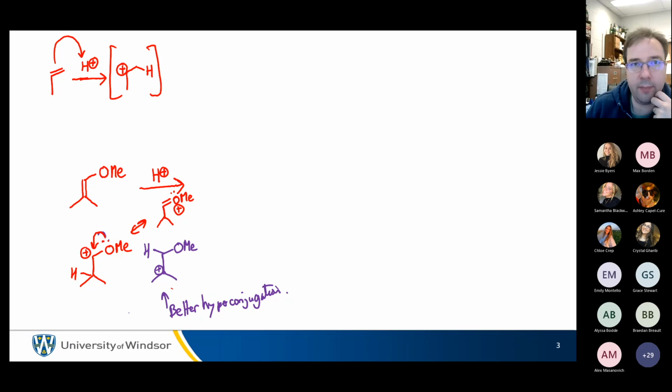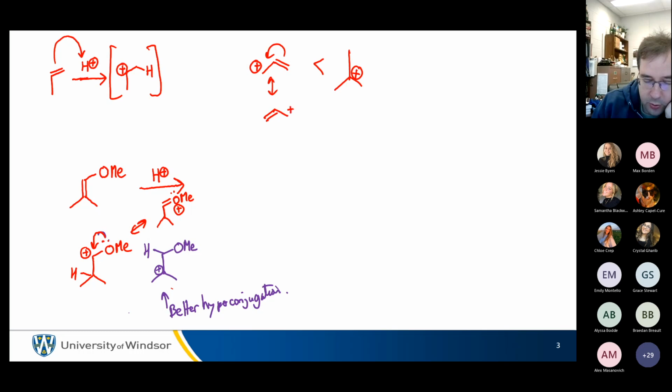The only time that resonance is not as strong as hyperconjugation is the allyl cation versus a tertiary cation. This has resonance, but the resonance is between two sucky primary carbocations, whereas this one is tertiary. It wins.